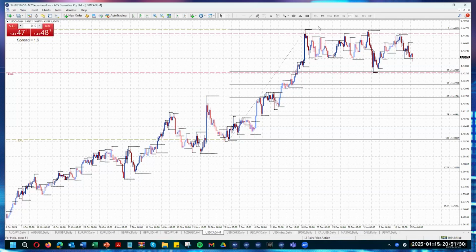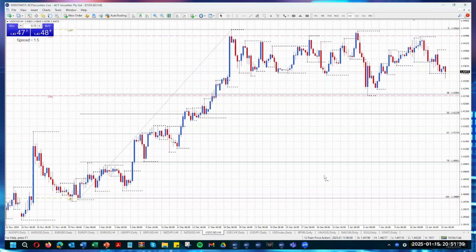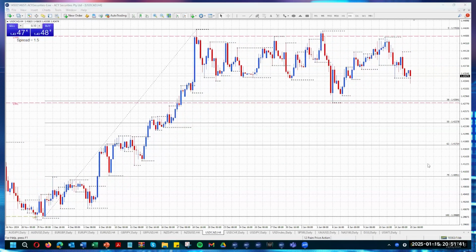And then if price during this month was to come down to 79% level, I could trade there. I could at least watch to see if price wants to hold here. It wants to find support at 79% level of last month's low to high. And would it hold there to come all the way back up?